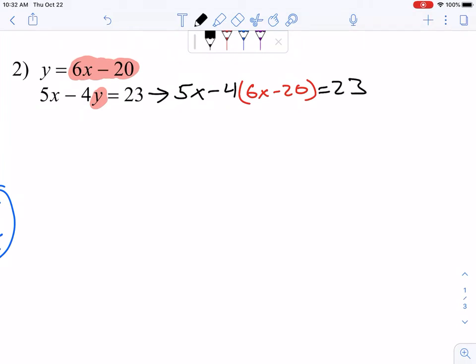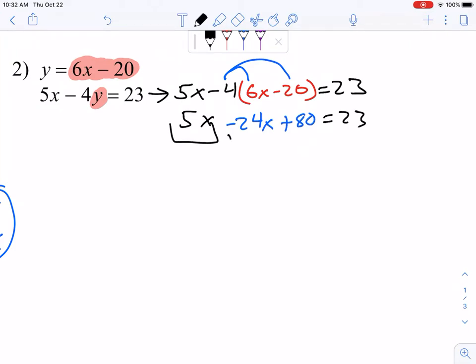We are going to distribute first, so negative 4 times 6x is negative 24x. Negative 4 times negative 20 is going to give us positive 80. I'll rewrite my 5x and my equals 23. Those didn't change.